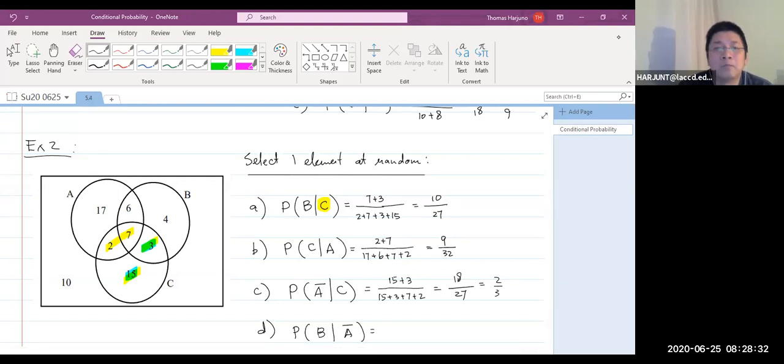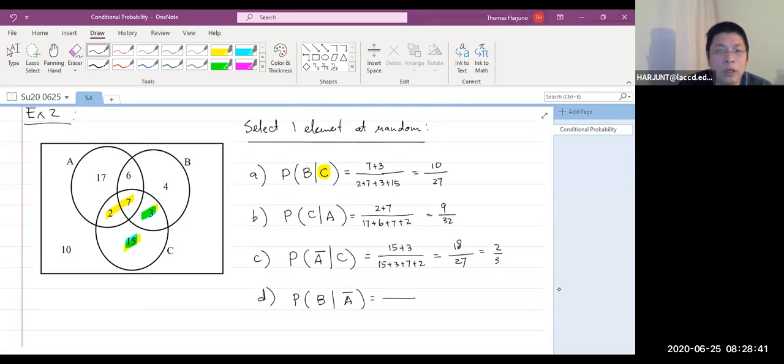Okay. And then lastly, how about the probability of getting a B knowing that person is not in A? Knowing that person is not in A refers to this, this, this, this. That's not in A, right?